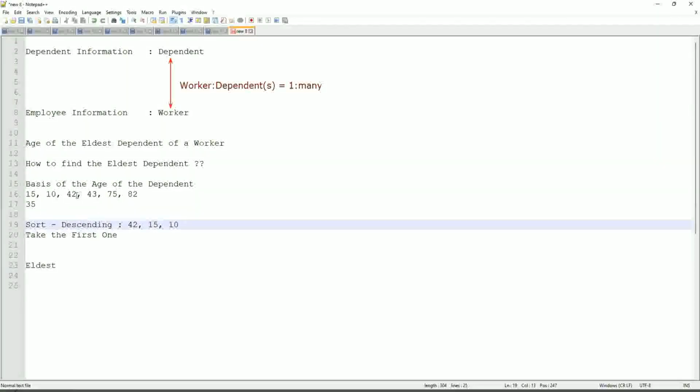Right. Only one problem is if there are multiple dependents with the same age. If there are only children as dependents, and there is a twin the same age, at that point it becomes difficult, but other than that it is more or less foolproof.